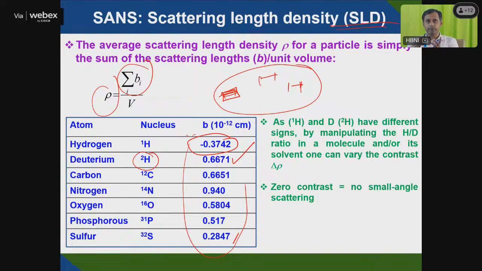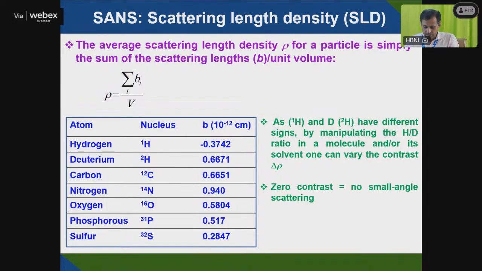If you tune a particular ratio of H and D mixture, hydrogen and deuterium mixed, in such a way that inside the solution you will not be able to see that iron rod, that is something called contrast.